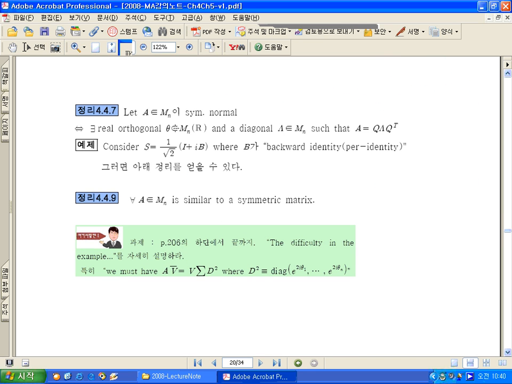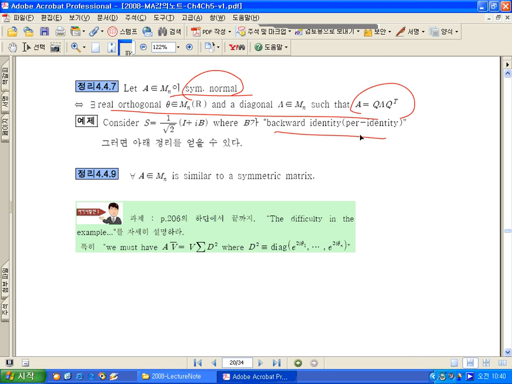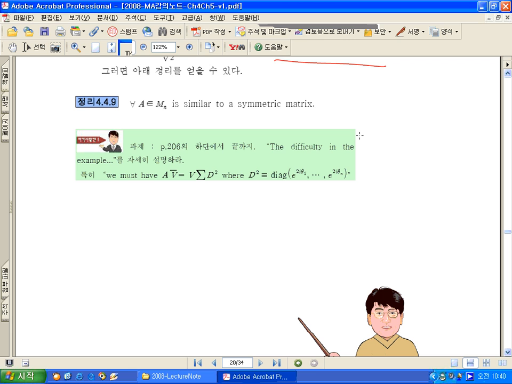Yeah, there are some others. The symmetric normal matrix has some characterization of it. It has some better factorization.